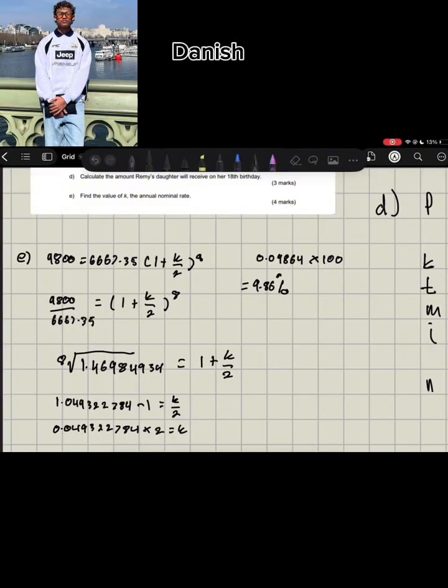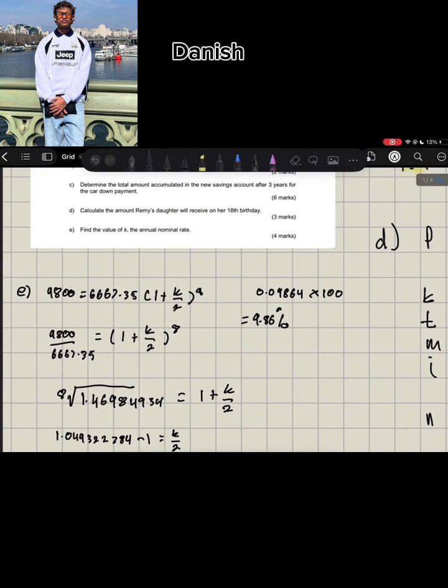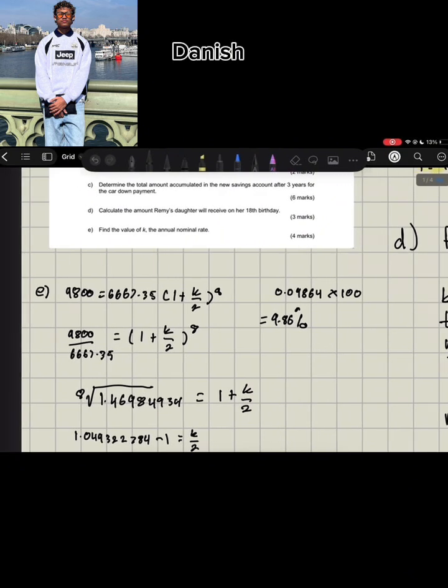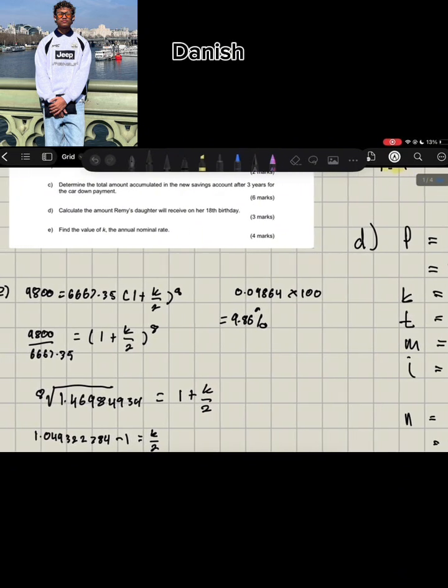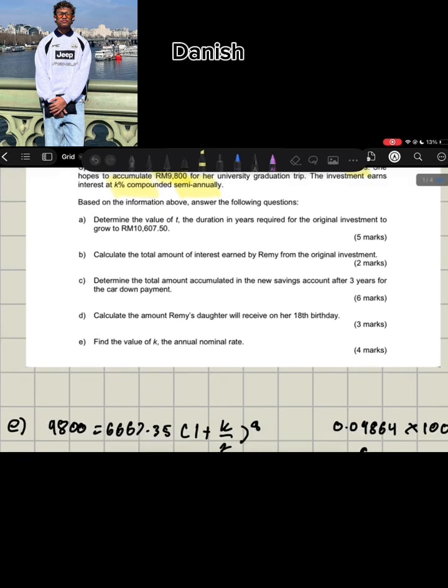Alright, for question E, find the value of K, the annual nominal rate. It is based on phase 3. We already got S, which is 9,800 ringgit, the time is 4 years, and we need to find the annual nominal rate.